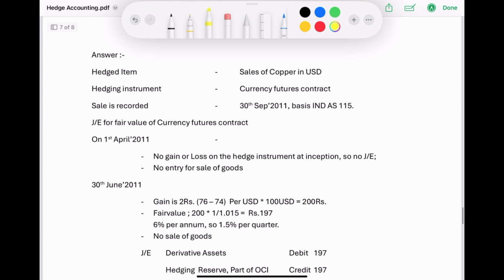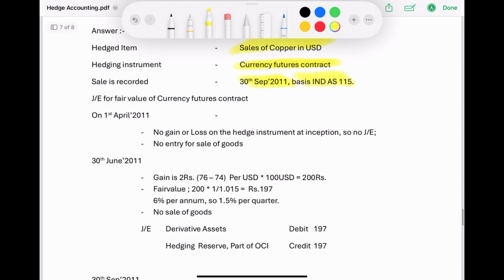Okay, so the answer is: the hedged item here is sale of copper in US dollar. That's the hedged item, and the hedging instrument is the currency futures contract they have taken, and the sale is recorded on 30th September 2011, and the sale should be recorded on the basis of Ind AS 115. So now they are asking us to give the journal entry as of 1st April 2011.